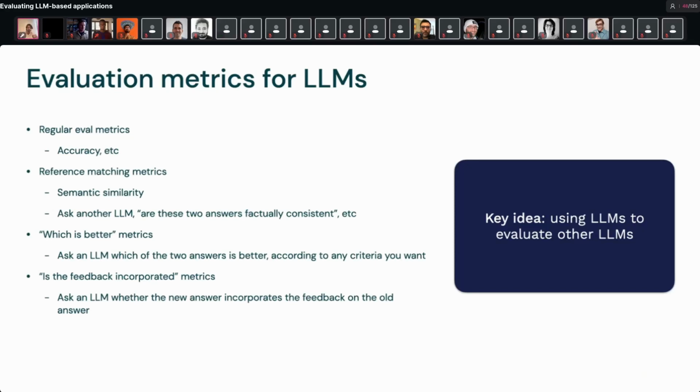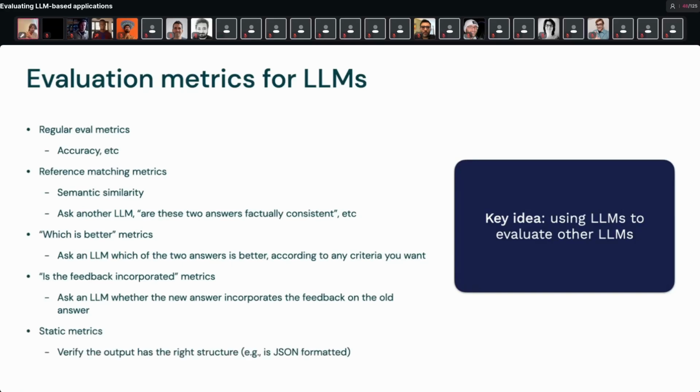Well, you can write down that feedback, and then you can take the question that the user asked. You can run your new language model on that question, look at the output, and then ask an evaluation model whether the new output incorporates that feedback on which albums from your friend. And so the language model is assessing whether the new answer incorporates the feedback on the old answer. And that can be a pretty effective way to evaluate the model.